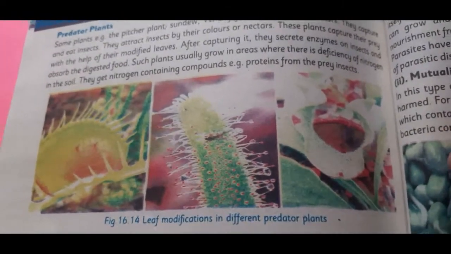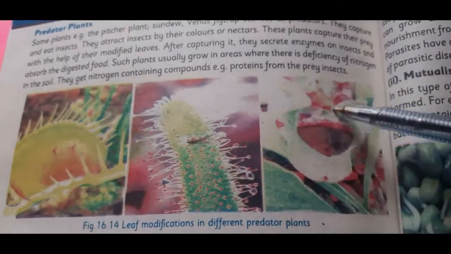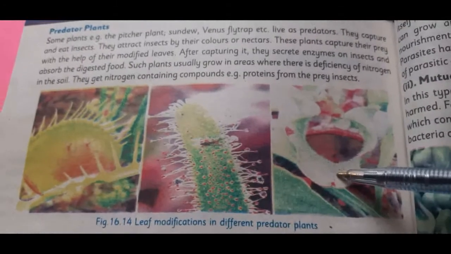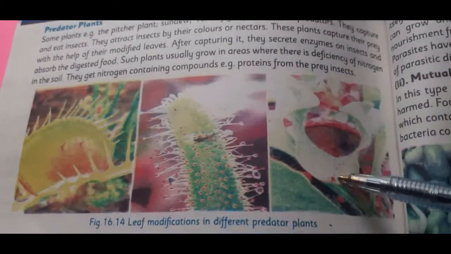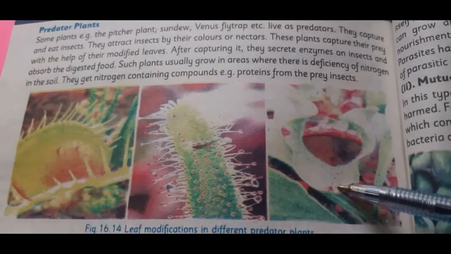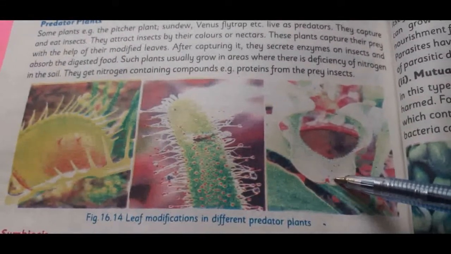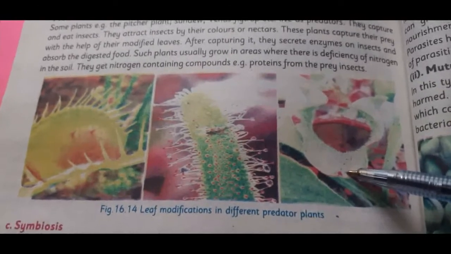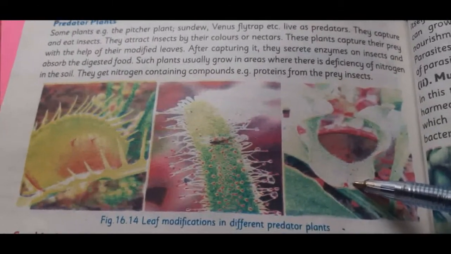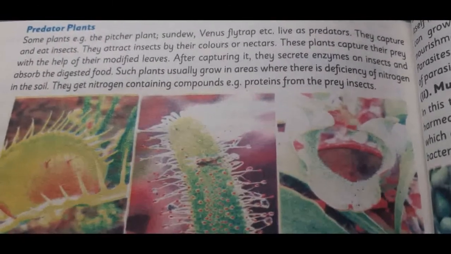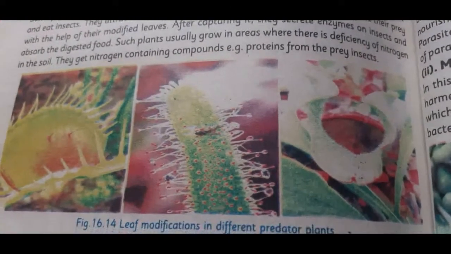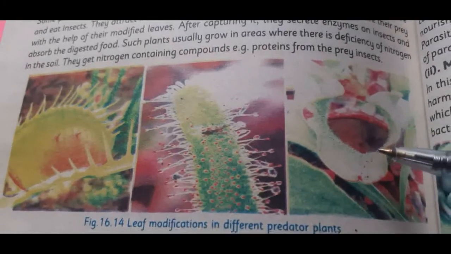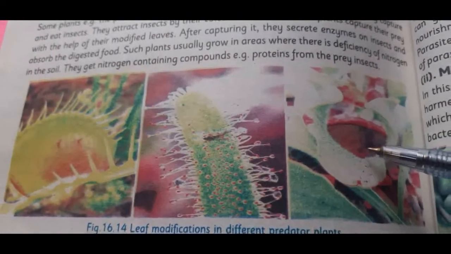When they die, they are decomposed there, and all the nutrients from the insects go inside the plant. So usually these plants grow where there are fewer nutrients in the soil. You have probably seen many cartoons where there are plants and they eat other organisms, sometimes the frogs, etc. So why is that? That is because they secrete some enzymes, right?